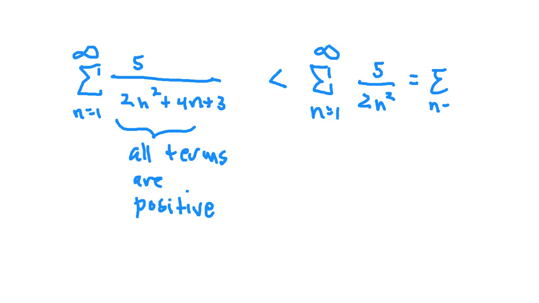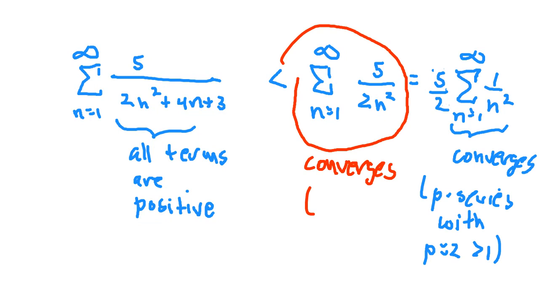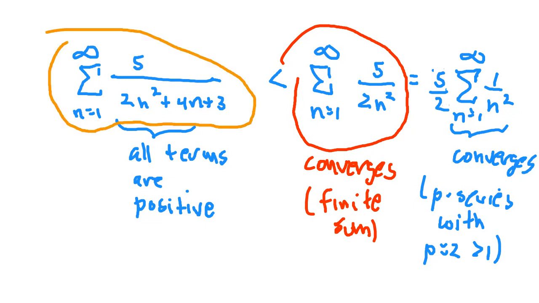So the fact that the bigger series converges, so it has a finite sum, means then that the smaller series here also has to converge, right?